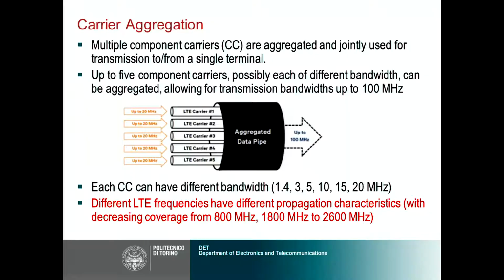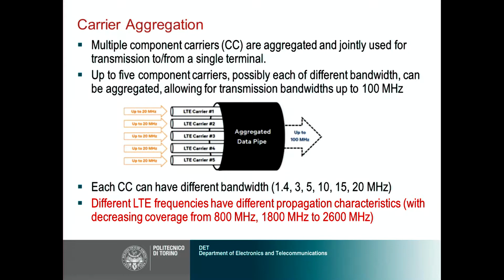Well, LTE Advanced changed that by introducing carrier aggregation. If I've got some leftover resources that are not used in one interval of the spectrum, I may assign these together with other resource blocks on another, nearby portion of the spectrum that is not contiguous.